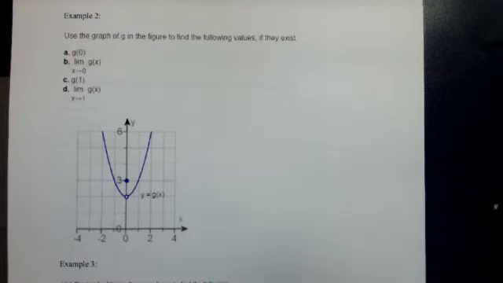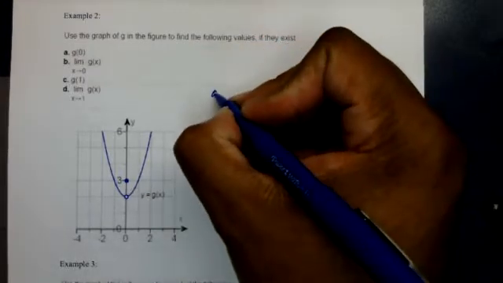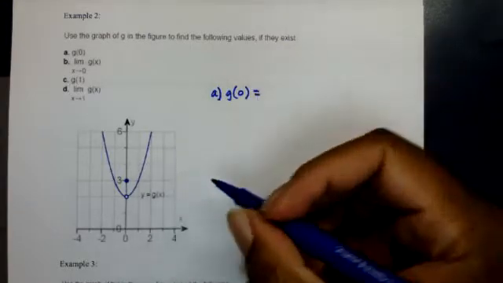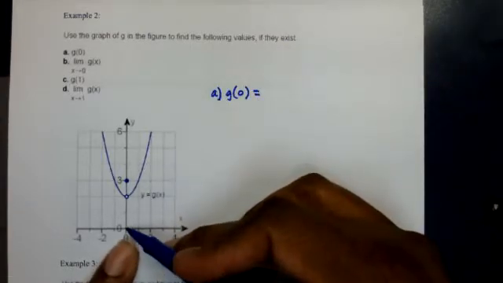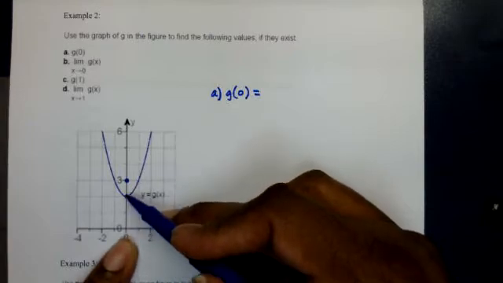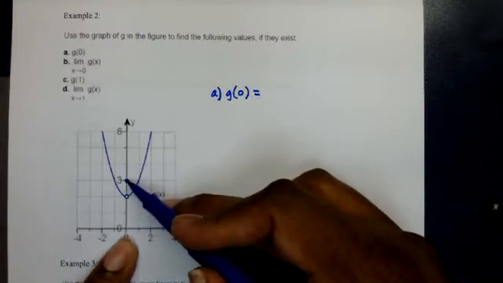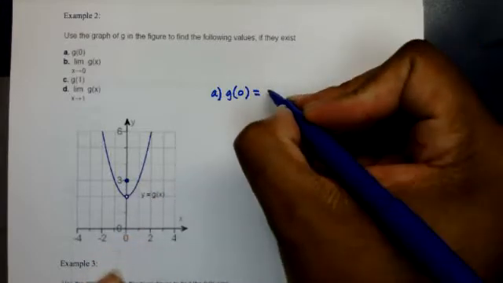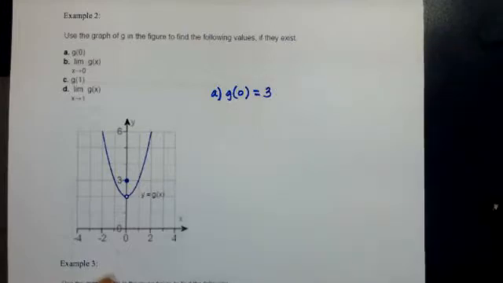Like in part A, g of 0. Let's find out what that is at x equals 0. By looking at it, you can see there's a point on the y-axis when x is equal to 0, and it's at 3. So g of 0 must be equal to 3.